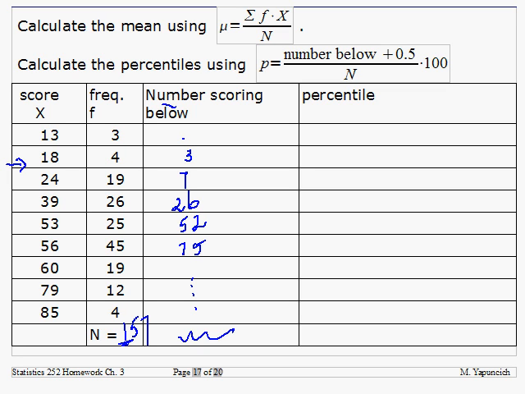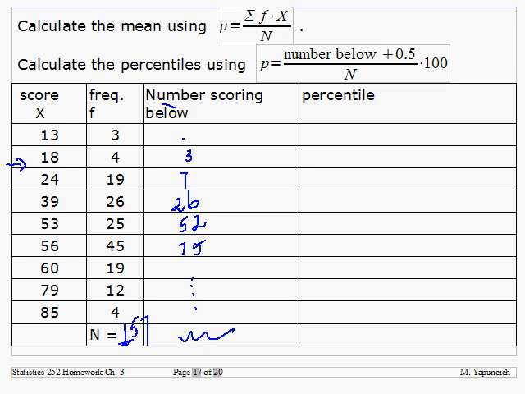Okay, so the percentile, what it means, it's an average of the number, scaled to 100, of people that are scoring below you. And to calculate that number, like I say, there are different ways.